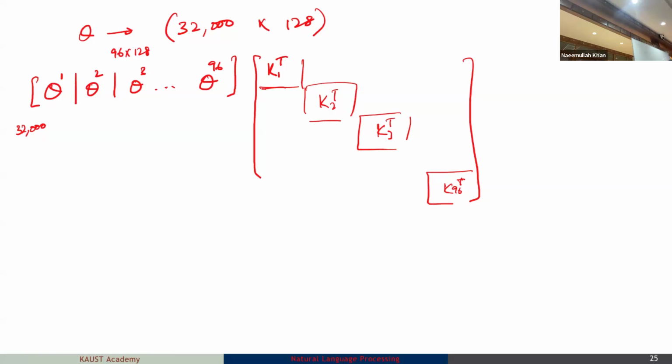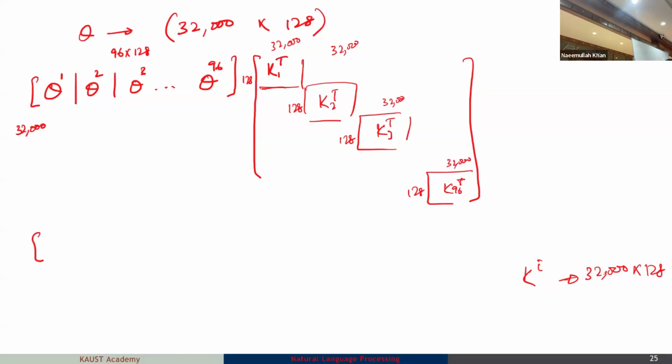By the way, the shape of all Ki is 32,000 times 128. So if I take the transpose of it, each one of these is 128 rows, right? And each one of these has 32,000 columns. I do this matrix multiplication. What will I get?